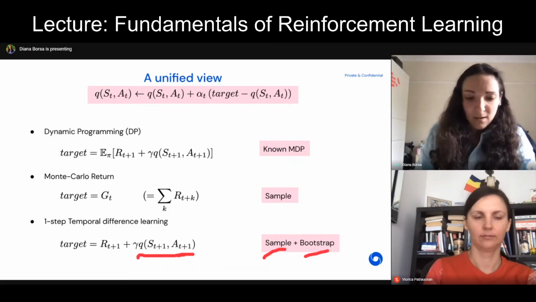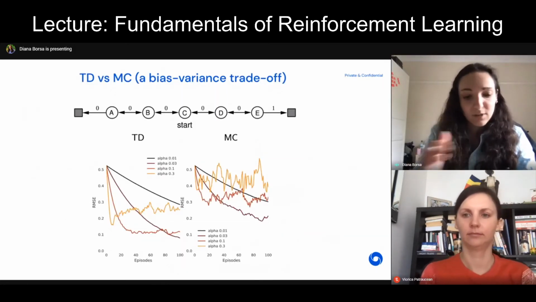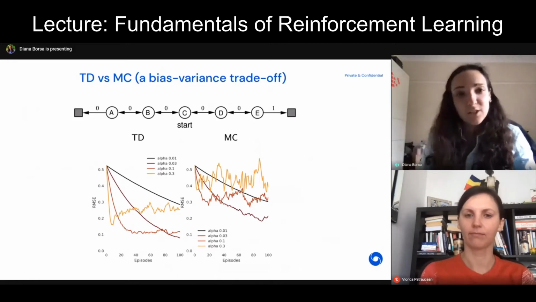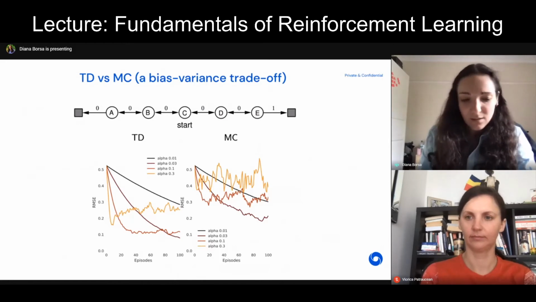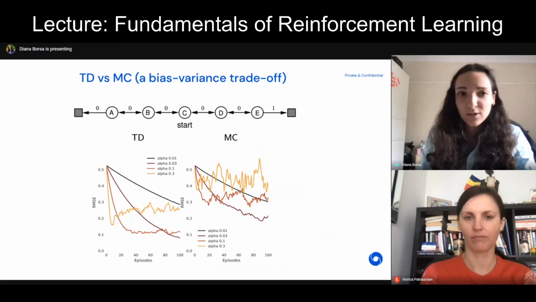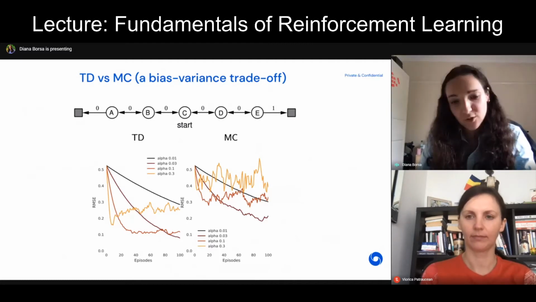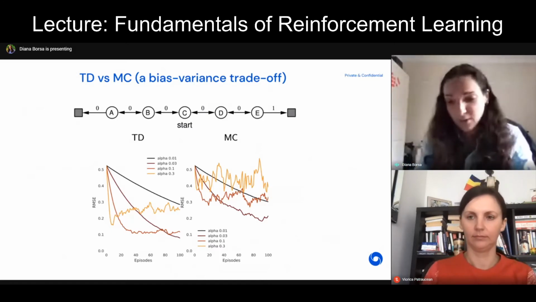Okay. Now you might think how these two sides of the spectrum relate to each other, and as I hinted before, this happens to be a bias variance trade-off. Monte-Carlo provides us with an unbiased estimate of the value function that we're trying to compute. This is just the IID samples.